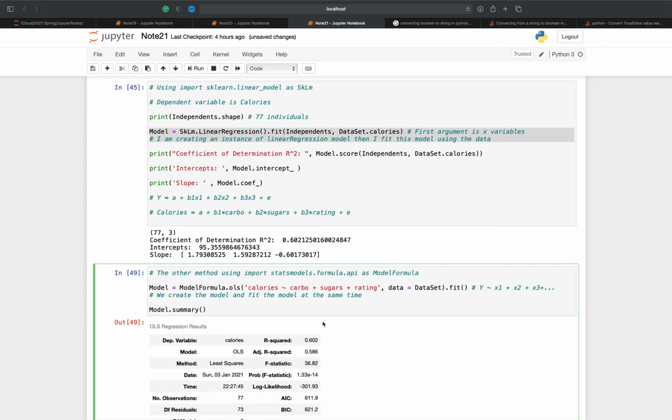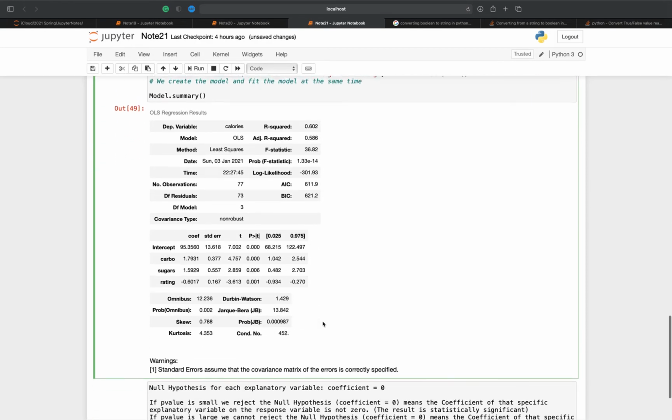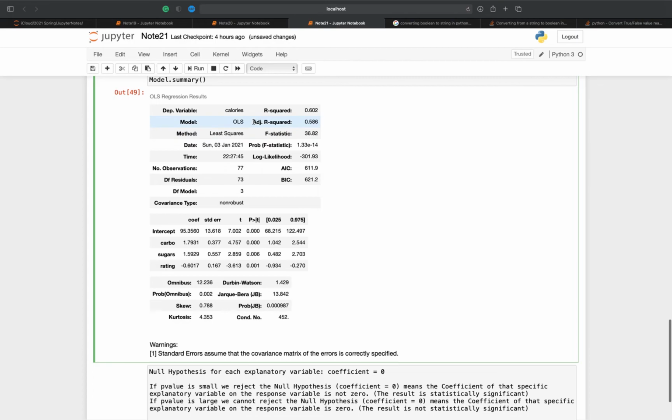All of this can happen, right? We can try and fit different models and compare them.